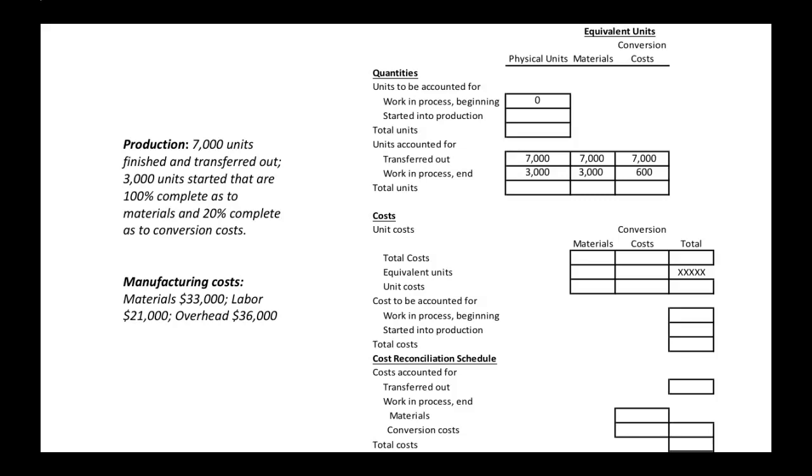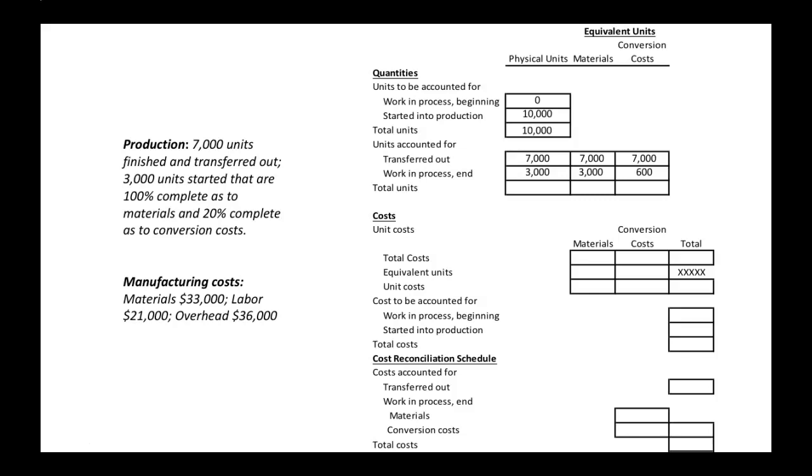So we have 0 under our beginning work in process. For started into production, this is where we need to calculate this a little bit. If we have transferred out 7,000 units, and we still have 3,000 units in our ending work in process, that means that we started into production 10,000 units. So we put 10,000 there for started into production.